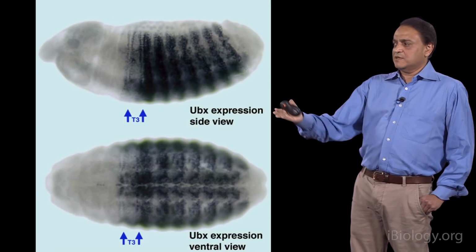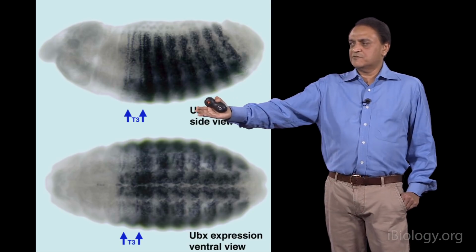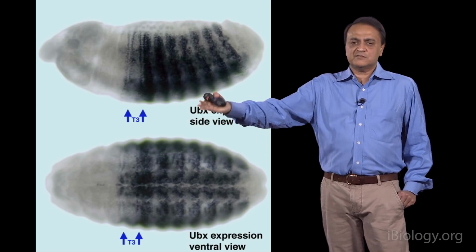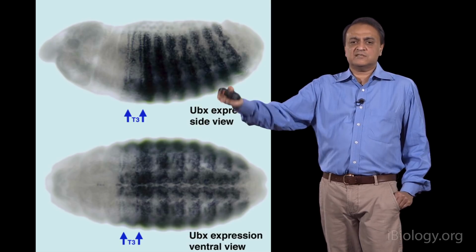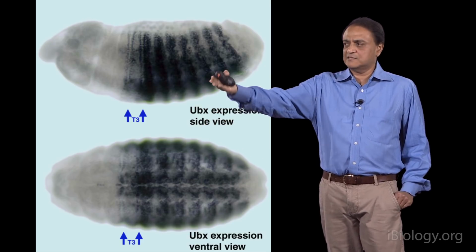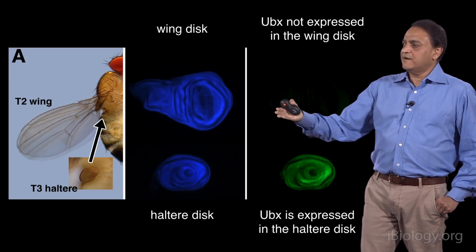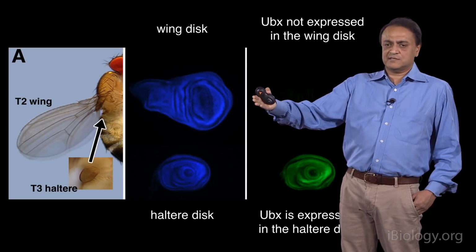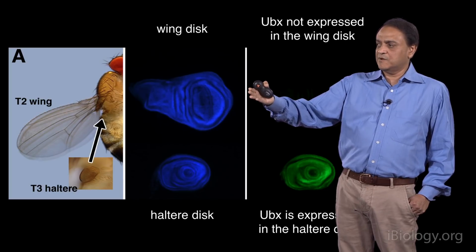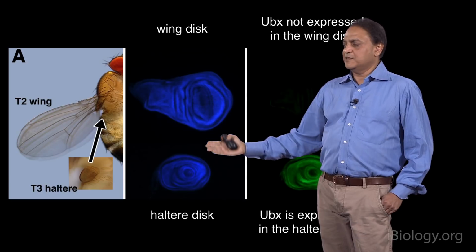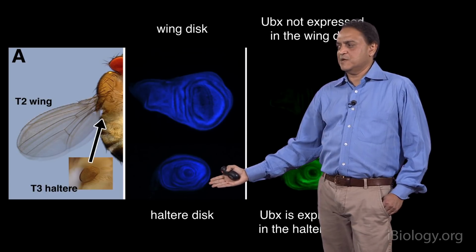And remember again where these Hox genes are expressed. For example, UBX is expressed from T3 on back. Okay, so that means it's also expressed in those imaginal discs in those regions, right? And in this case, the important one is going to be in T3. So what you have is that in the second thoracic segment of the larvae, when it's growing, you have an imaginal disc that's going to make the wing, and then you have an imaginal disc that's going to make the halter.